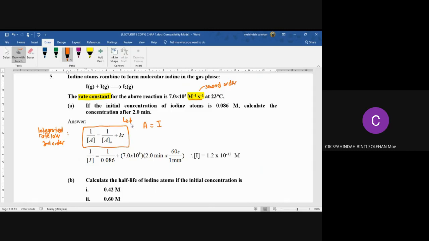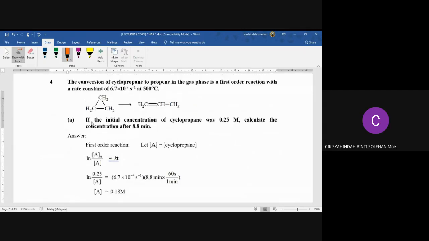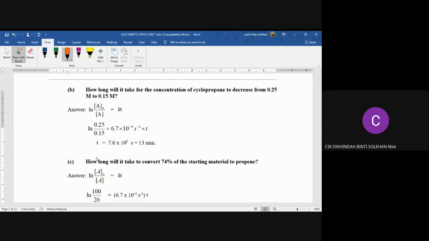Tapi kalau you tak buat let A is equals to I, you wajib kena letak reactant you dekat A ni. Okay. Wajib. Macam this one, Miss dah buat let A is equal to cyclopropanone. So Miss tak perlu susah-susah nak tulis cyclopropanone every time here.